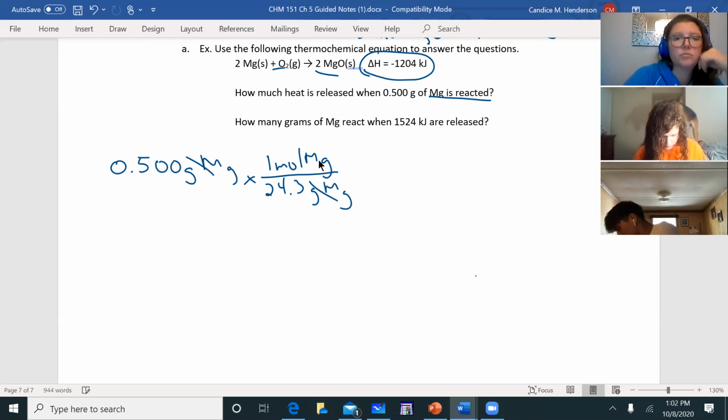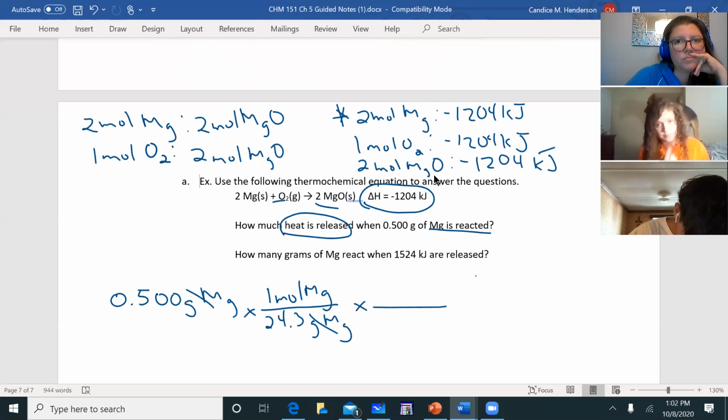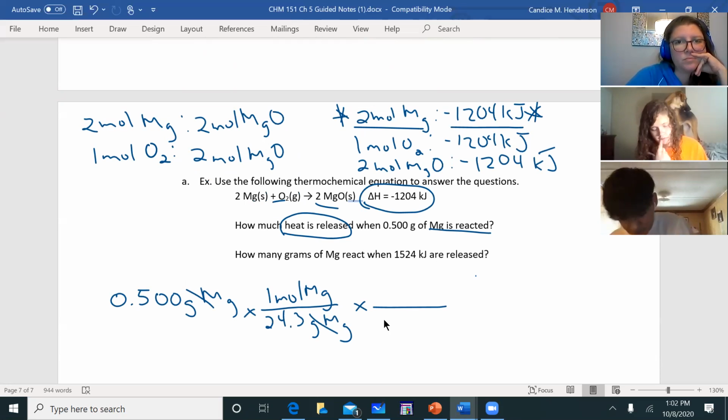So grams of magnesium will go away, and now we have a value in moles of magnesium. I like that because I'm trying to get heat released or energy released. Well, I can use this thing right here. This tells me for every 2 moles of magnesium, that much energy gets released. So the 2 moles is going to go on the bottom.